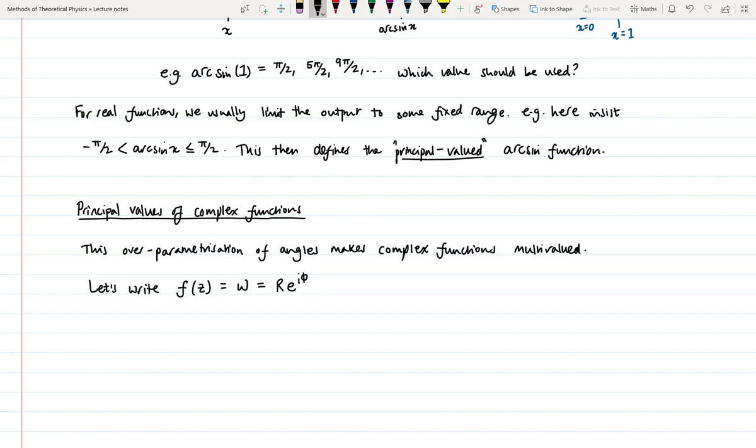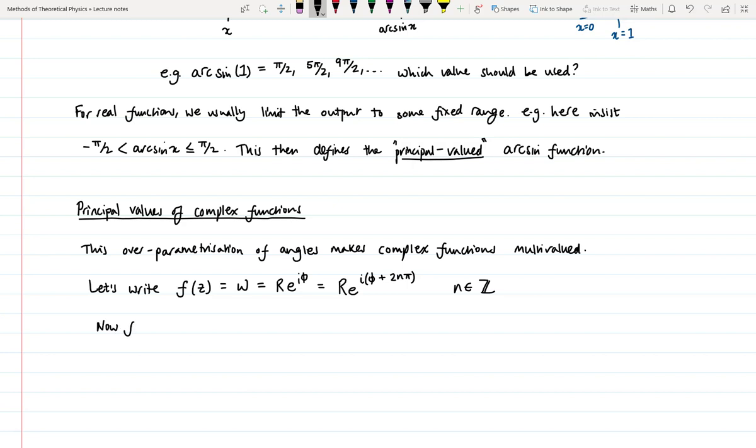Now of course we know that complex numbers have arguments only defined up to multiples of 2 pi, so we're free to rewrite this as phi plus 2n pi as the argument, where n is an integer, and that won't change the complex number w.